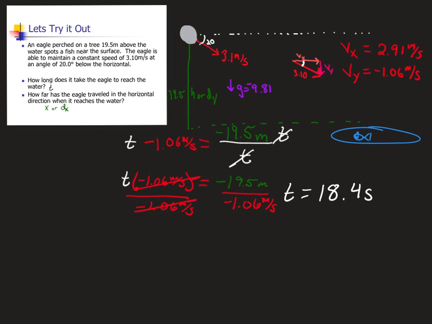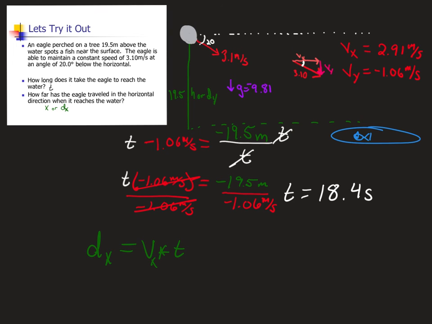The distance in the x is equal to velocity times time, which is in some people's mind the preferred equation for distance.